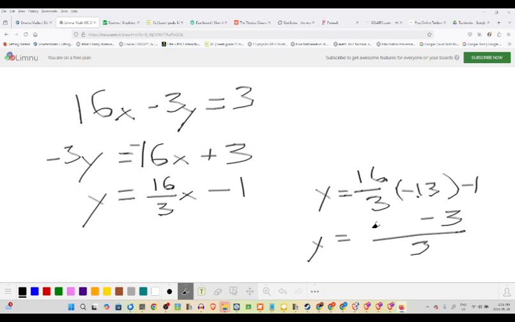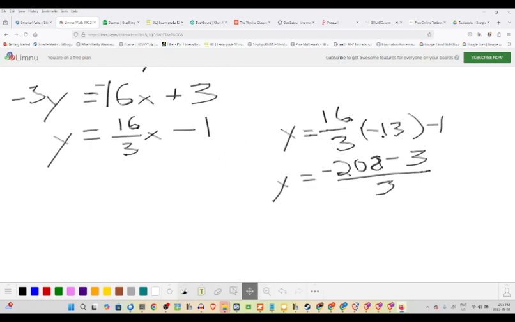We add one more 13 to 195, and we should have 208 for 16 times 13. So with the negative, if I've done the mental math correctly, our y is negative 211 over 3.